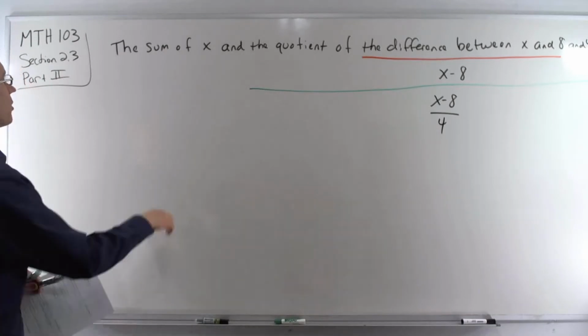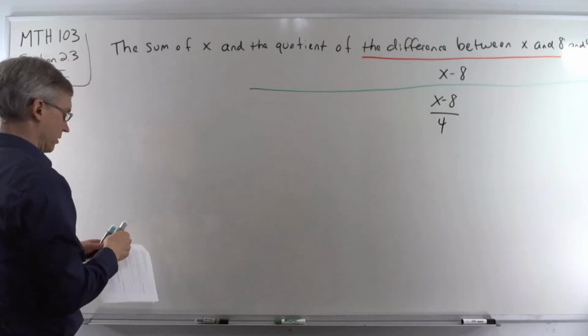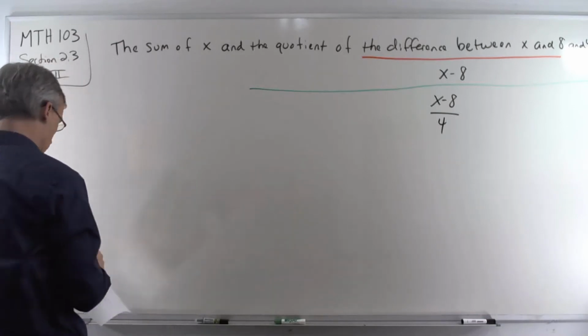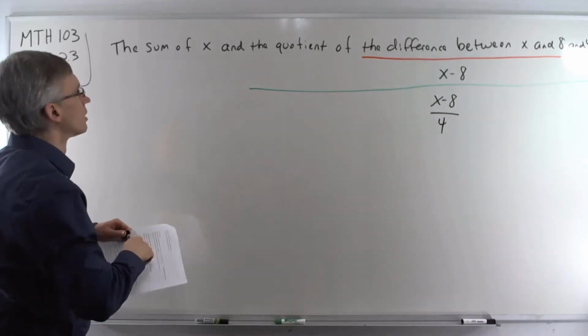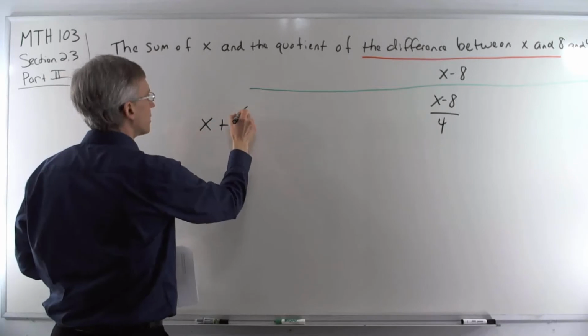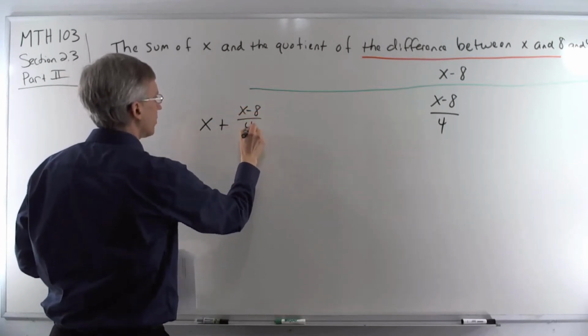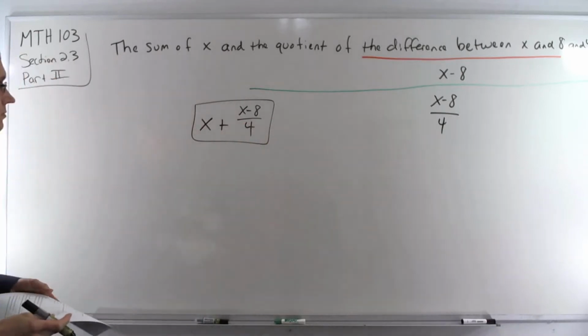And finally, we're going to do the sum of x and that thing. Sum is addition, so we've got x plus (x minus 8) over 4. And there's the translation.